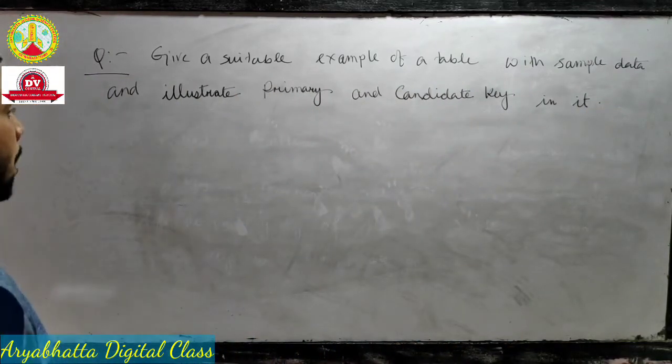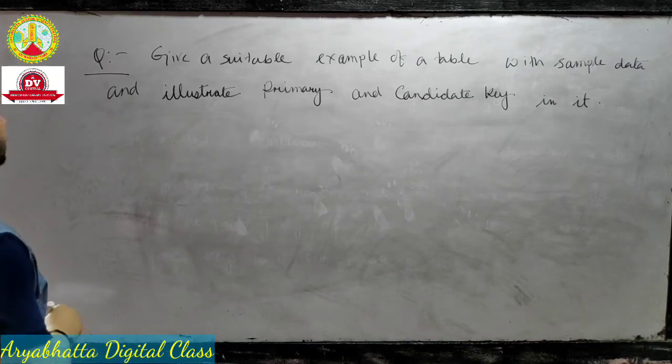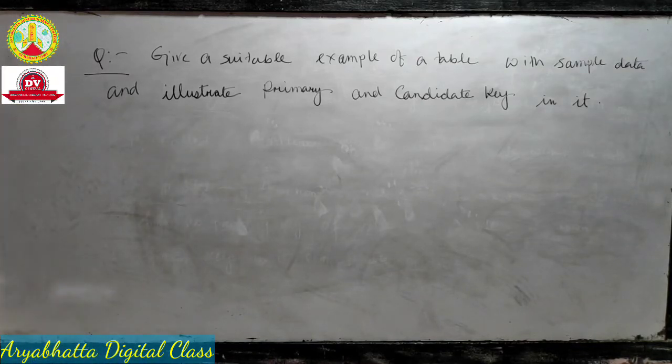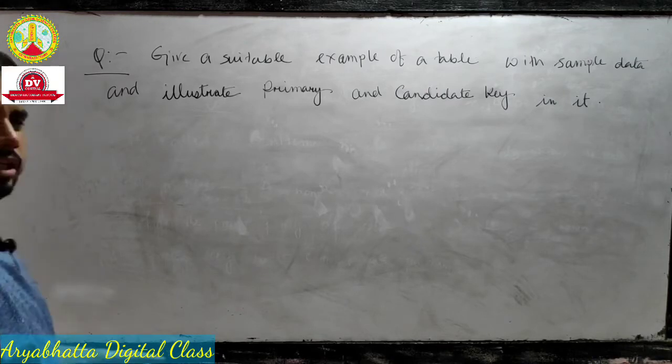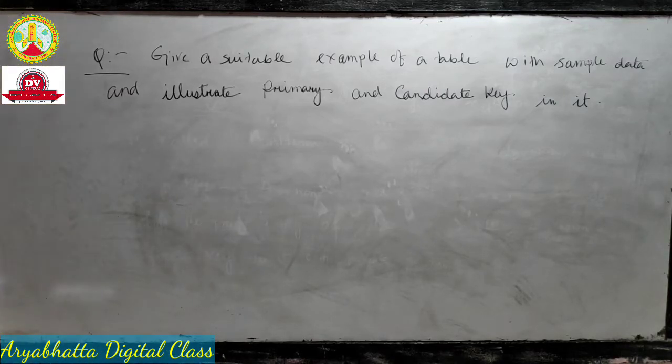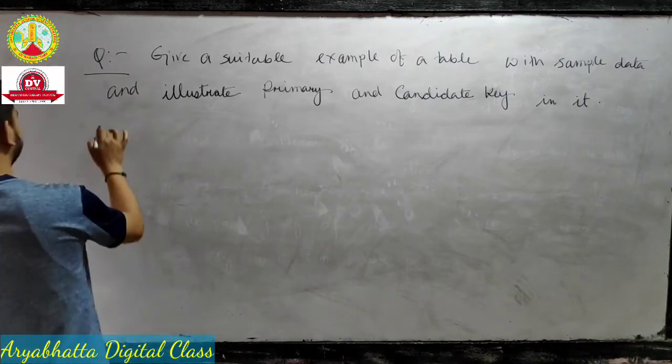Means what? Define. Or, give a suitable example of a table means we have to create a table with sample data and illustrate primary and candidate key in it. Okay, you see. Now we write the solution.